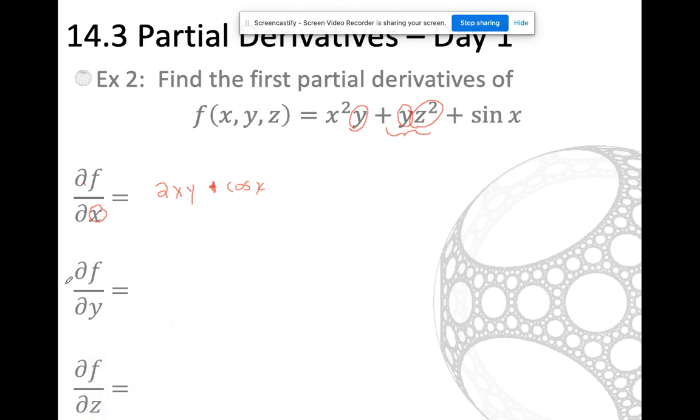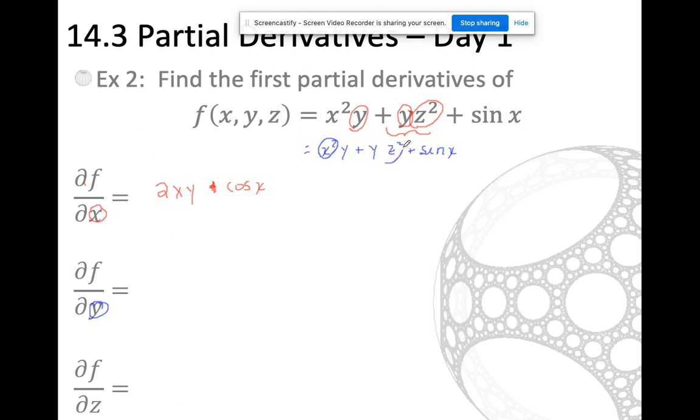Now take the partial f with respect to y. If I'm differentiating with respect to y, this time I am holding the others constant. X squared is a constant.